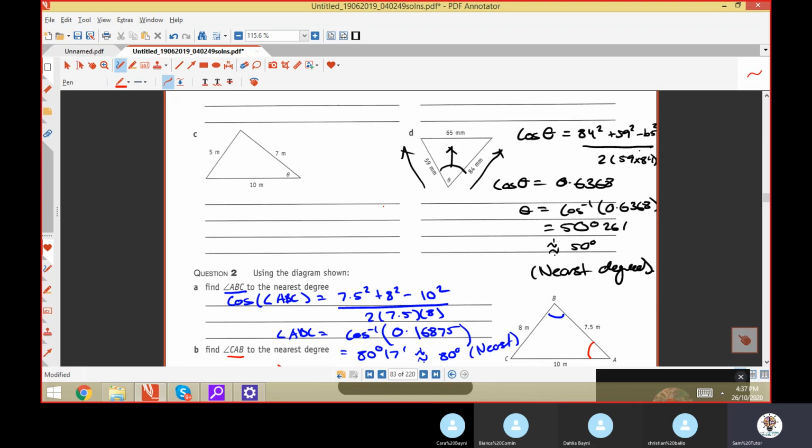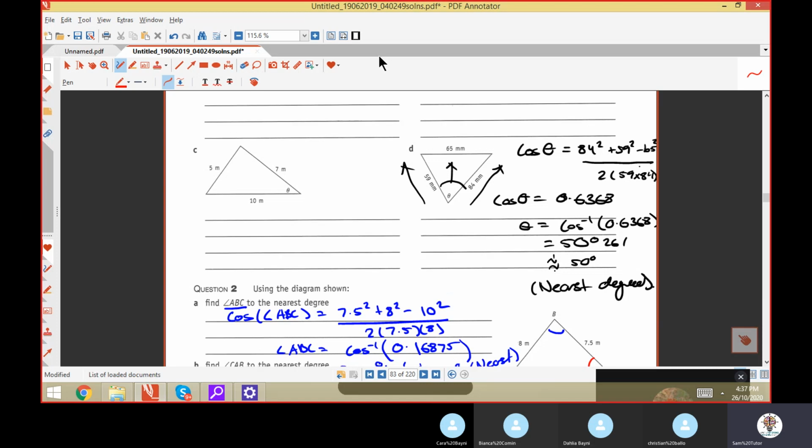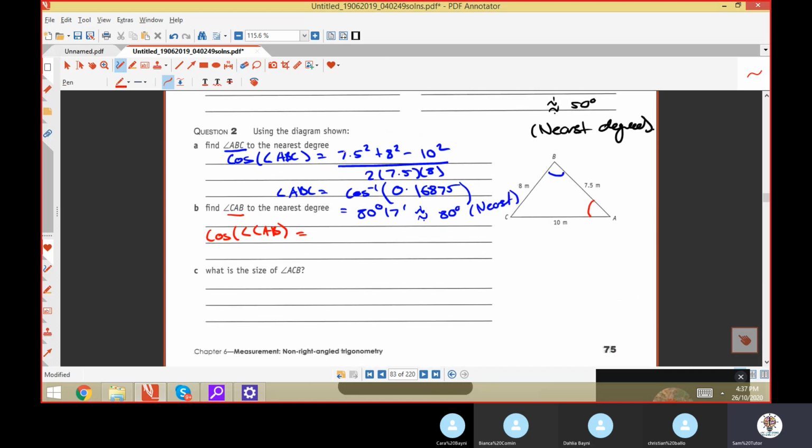You can just jump right into the square root and jump right into the cosine inverse. Save yourself some time in the exam, you know what I mean? Okay. Cosine CAB. Squared plus squared minus squared.